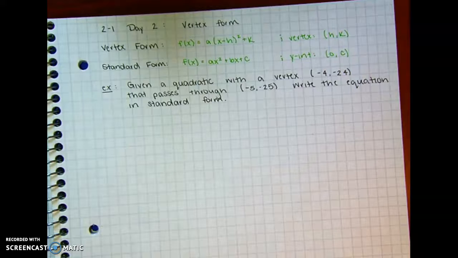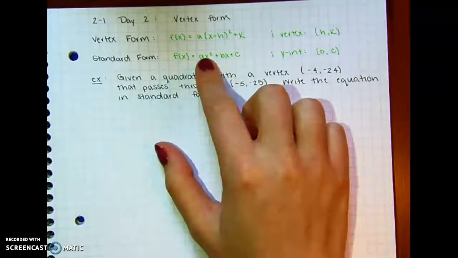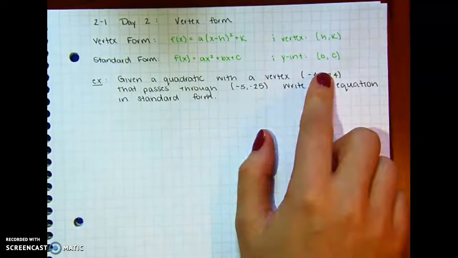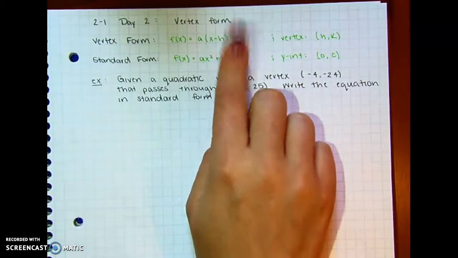Okay, so what you cannot do, you can't go straight to standard form, guys. You have to work your way there. If we know the vertex and we know a point, we can figure out vertex form. So that is the first step.